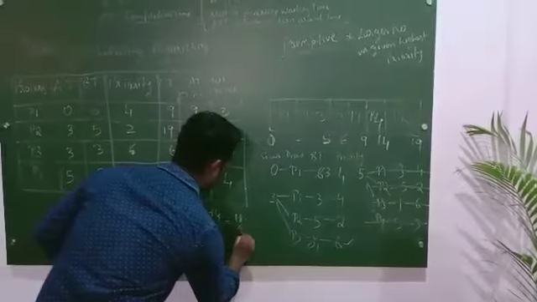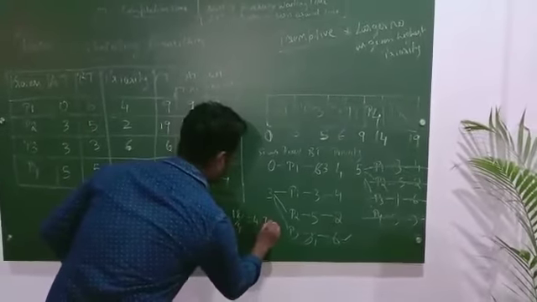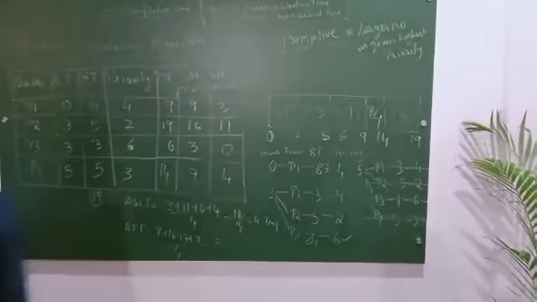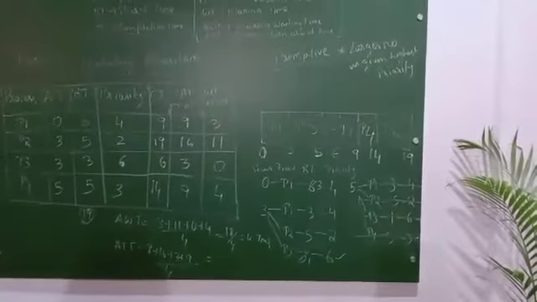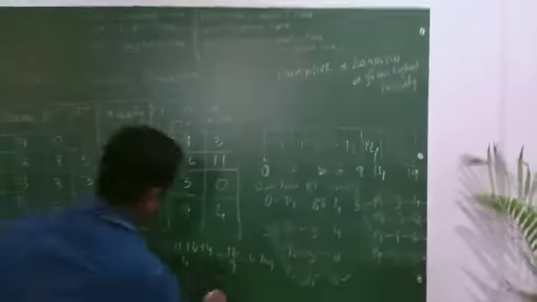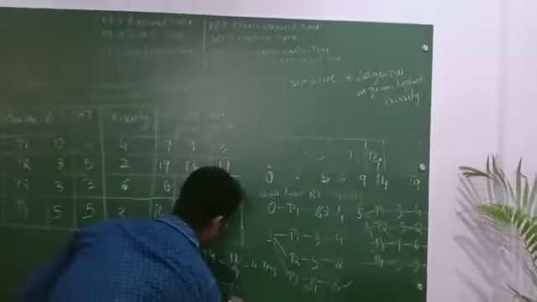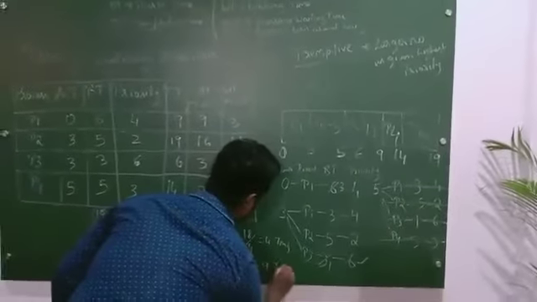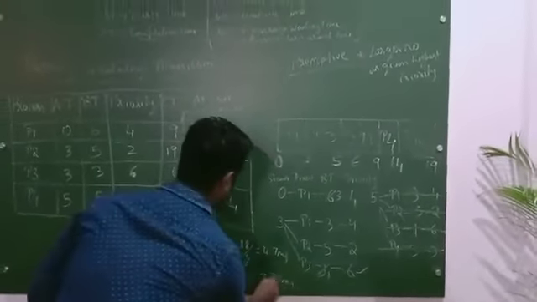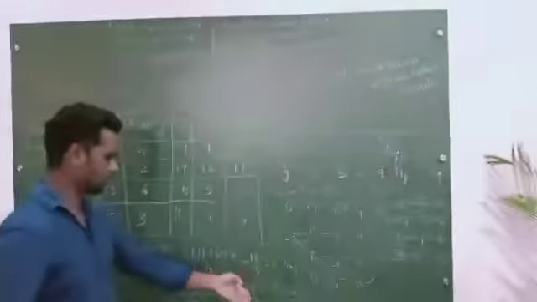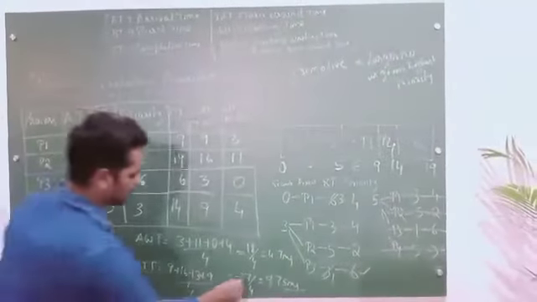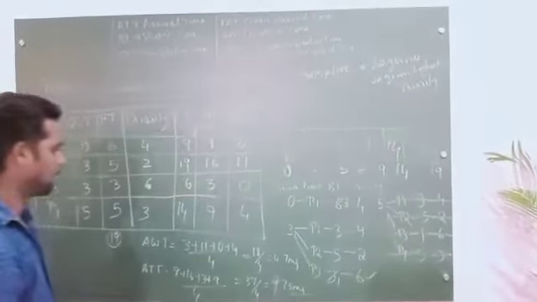If I add all these, I will get 37 divided by 4, which is something like 9.25 milliseconds. You add and check it out. You divide and check it out. Whatever you get.